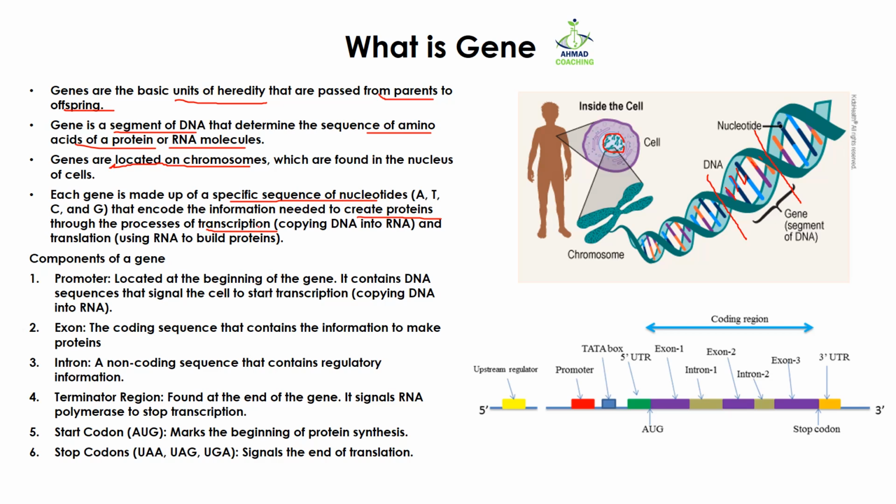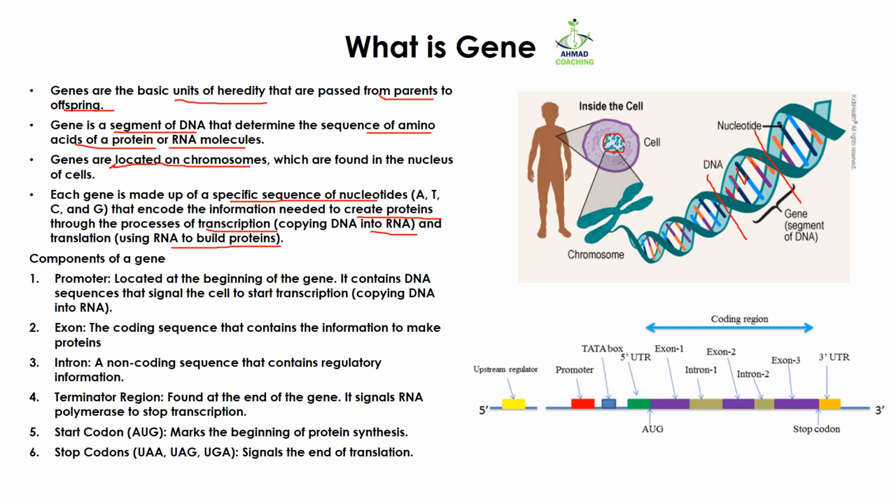Transcription is a process in which the gene sequence is converted into an RNA. Once the RNA is here, this RNA will be translated into protein, and that protein in the body is going to show its effect, whether in the form of eye color, hair color, or in the form of some enzymes. So this is what a gene is.